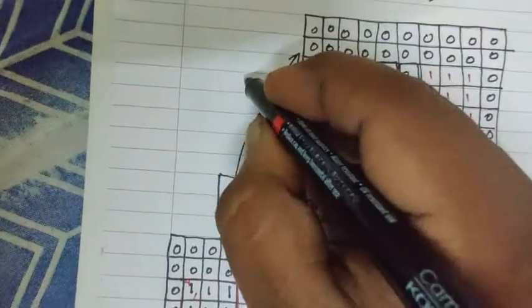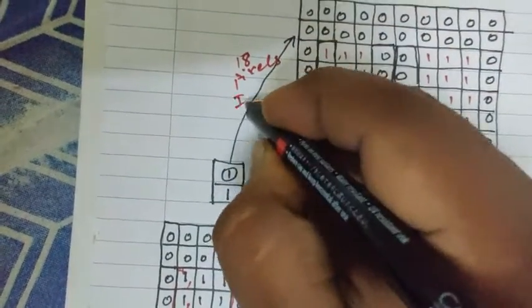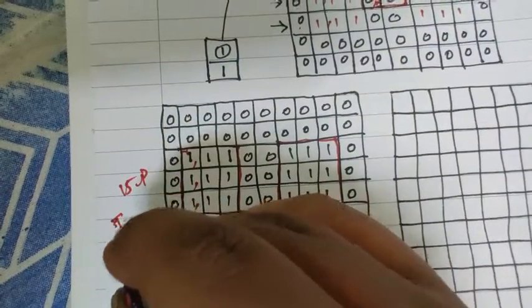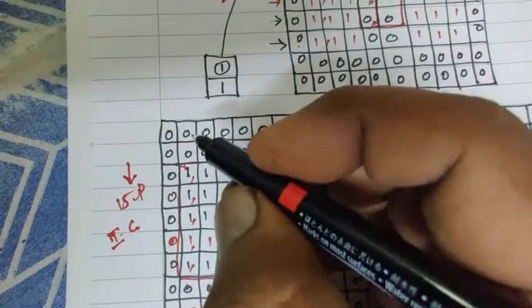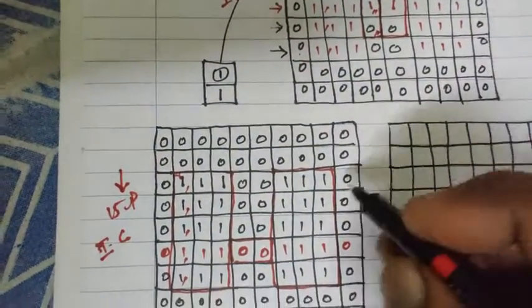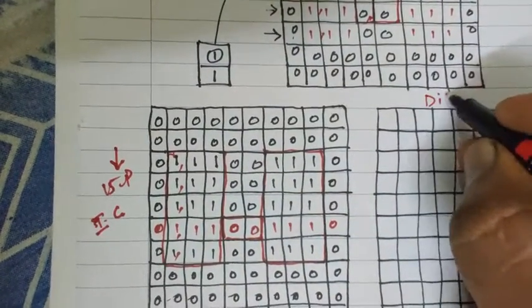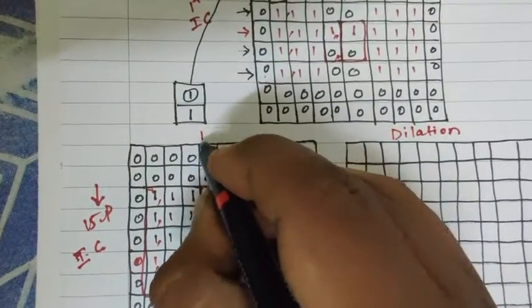So over here there are 18 pixels for one IC, but over here there are only 15 pixels for one IC. So there has been a reduction in the amount of pixels. Now if we need to restore the amount of pixels, what do we need to do? We need to increase the number of ones, and that can be done only via dilation.